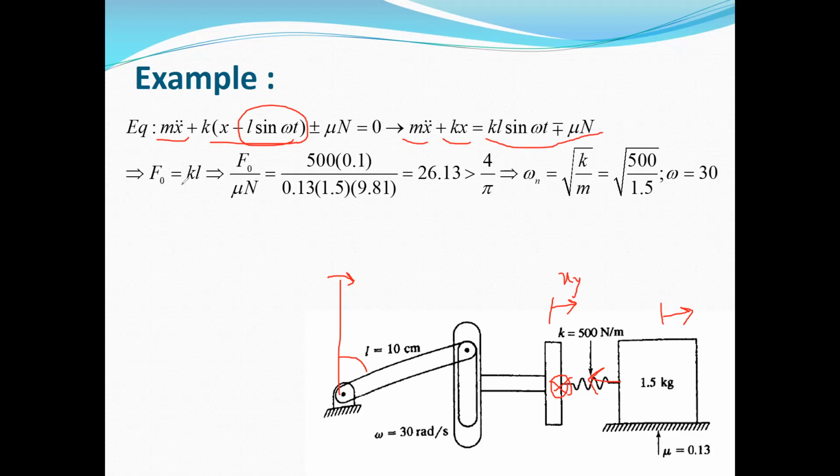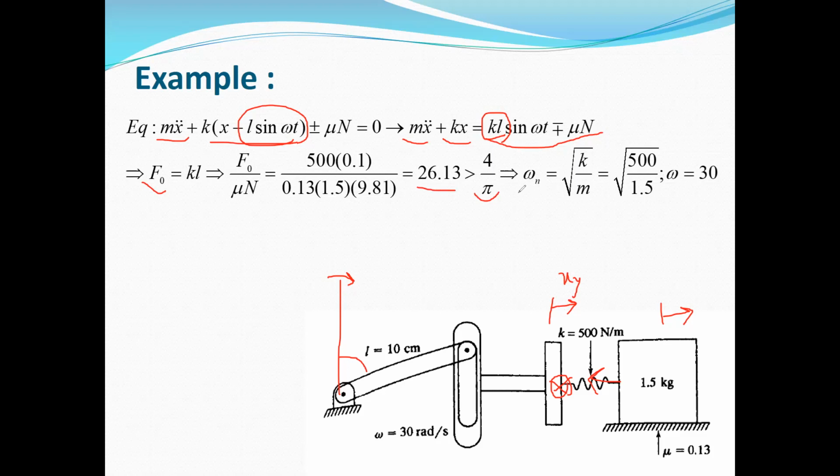We know that F naught in this case is equal to KL, the amplitude of the non-homogeneous term. So F naught divided by mu N is in fact KL divided by mu N. It's equal to 26.13, and it's more than 4 divided by pi. So we can use the approximation.